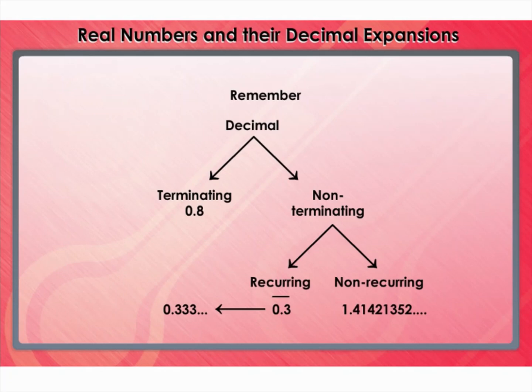Let us revise. So far we have learnt there are two kinds of decimals. Terminating decimals, which end after a certain value like 0.8, and non-terminating decimals that do not have any end. In certain non-terminating decimals, the digits can repeat themselves, and these are recurring non-terminating decimals like 1 by 3, which is equal to 0.3 bar, which means 3 repeats continuously, and non-recurring non-terminating decimals, where the decimal digits do not repeat continuously.